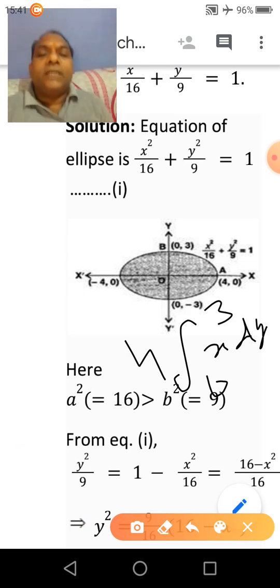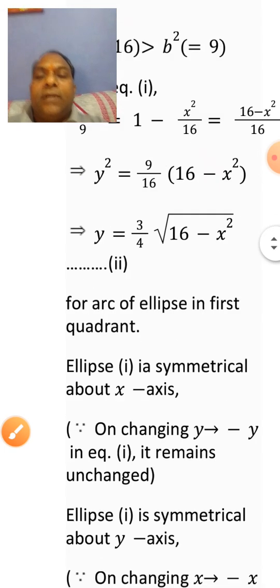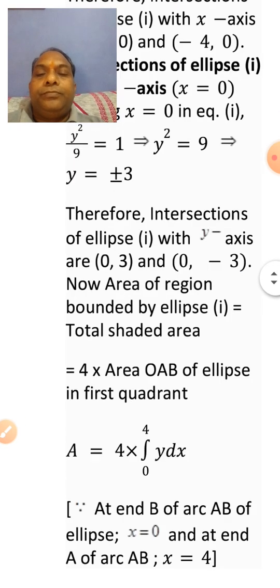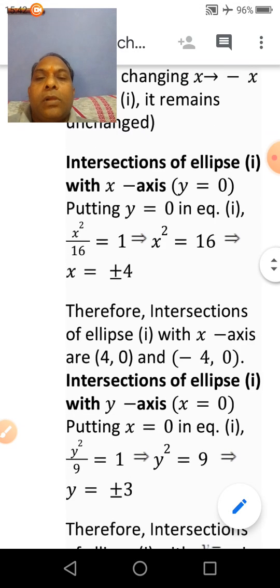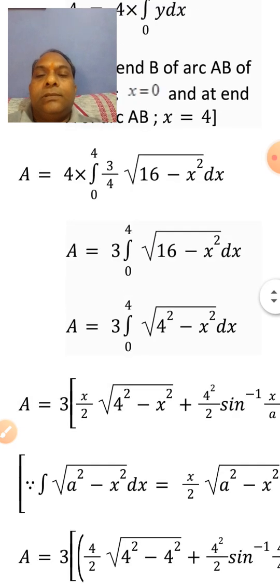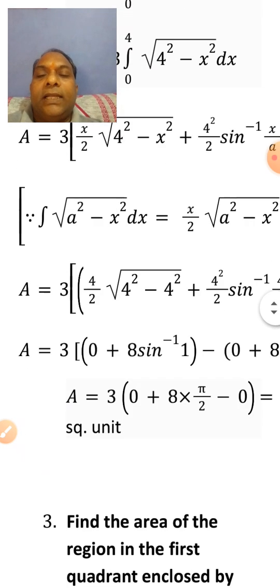In this condition, you have to find the value of x from the curve and put it, then integrate and apply the limit, then you can find area of the ellipse. Clear? See here. Then you can find its area.